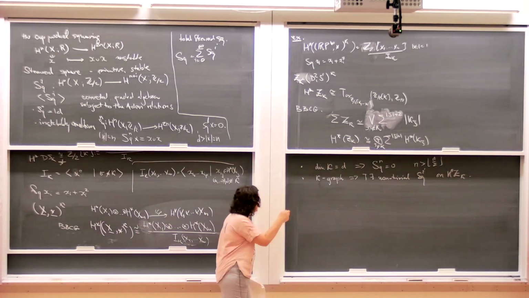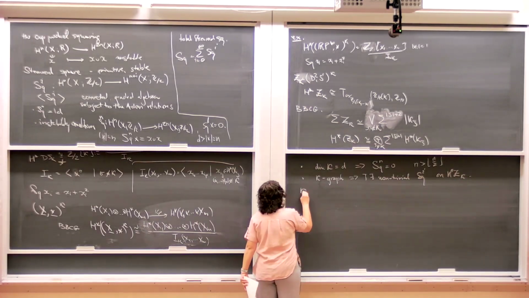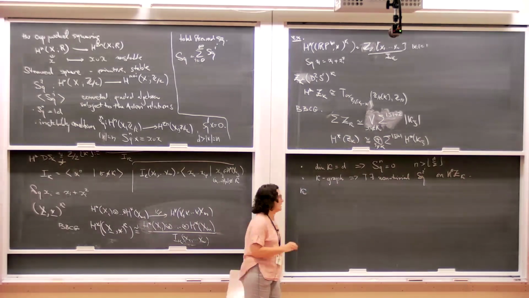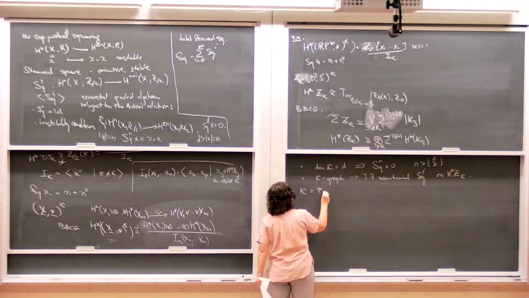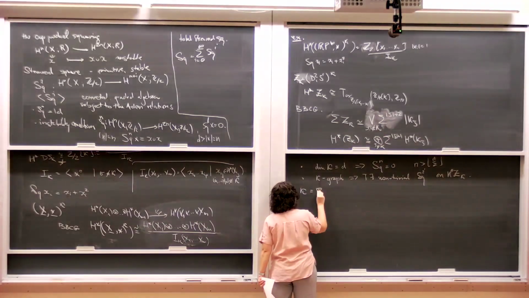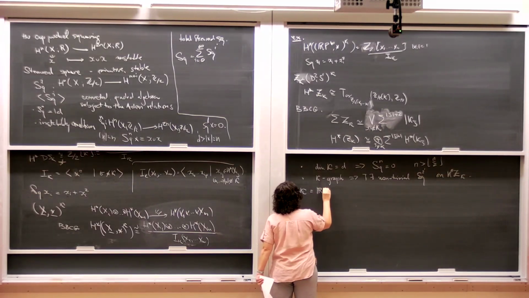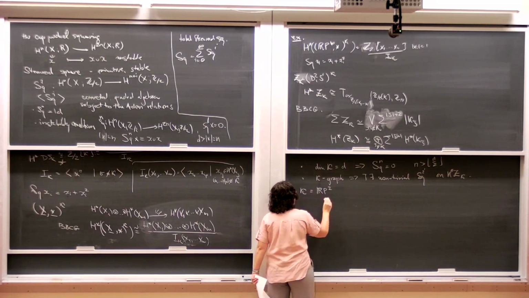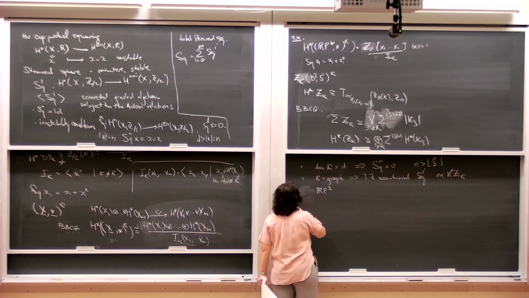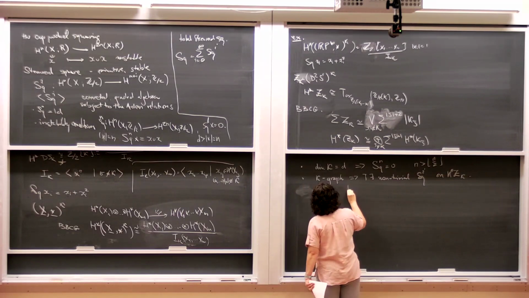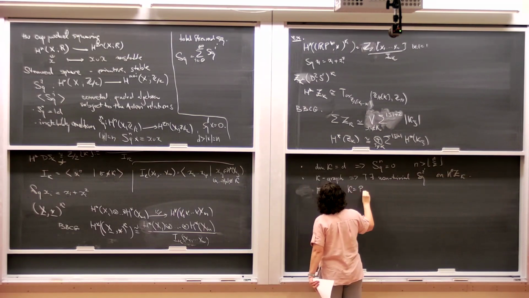Playing this type of game, we can look at a simplicial complex K that is a triangulation of RP2. So look at RP2 and take its triangulation on 6 vertices.